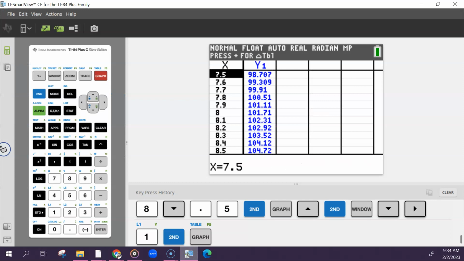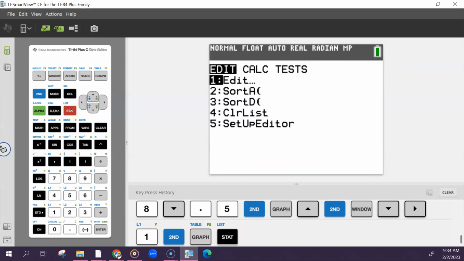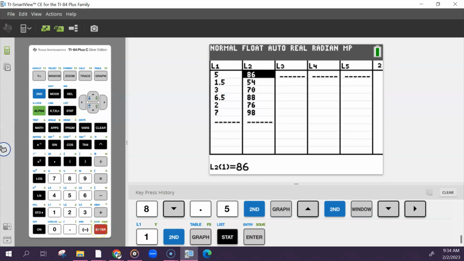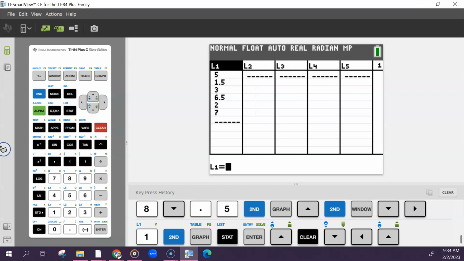If you like calculator better, you're going to go back into stat, go back into edit. You're going to have stuff from before. You're going to go up to the top and hit clear, and then come back down.